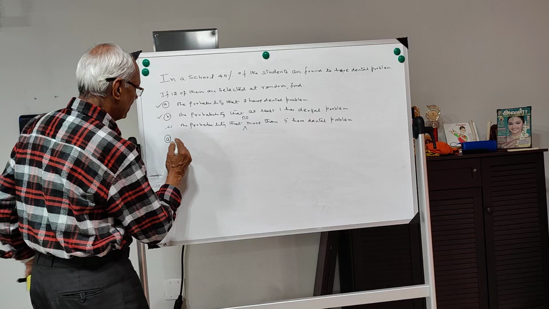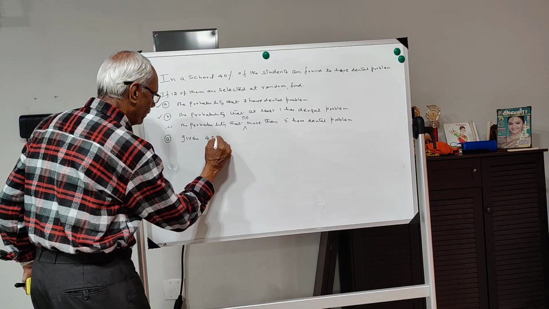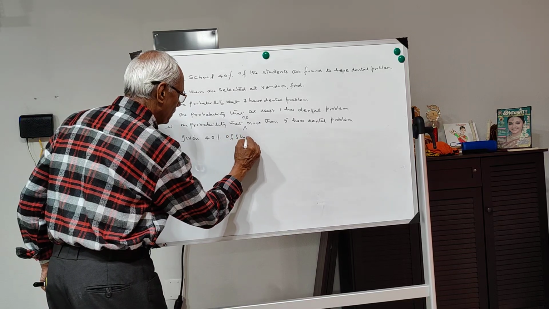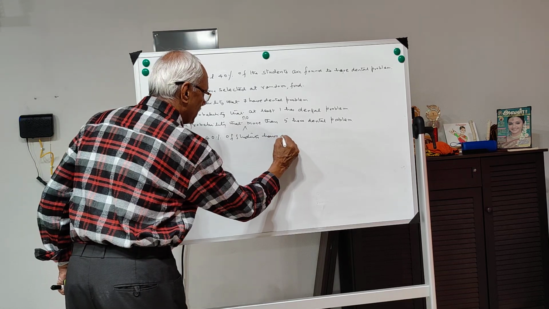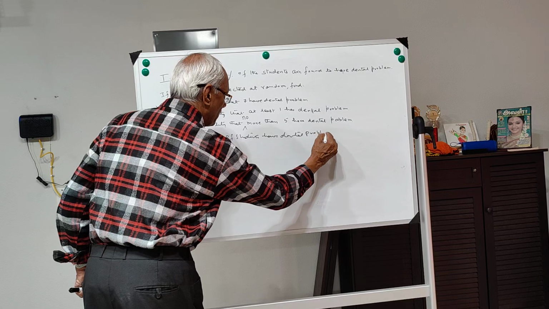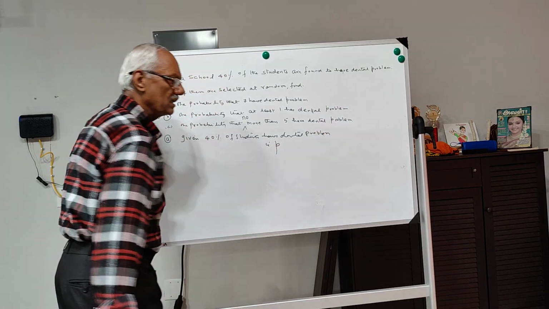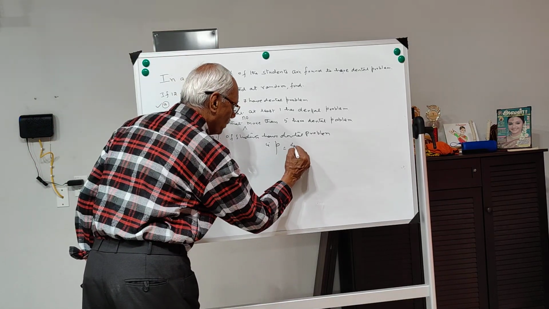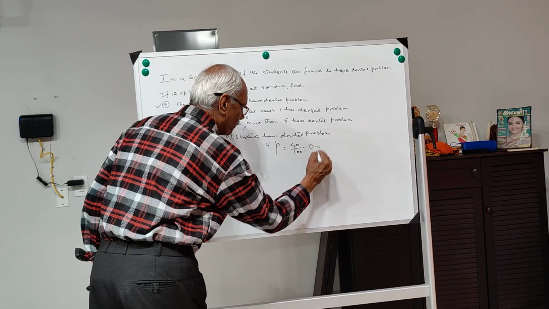Given: 40% of students have dental problem. That means, if P is the probability of students having dental problem, P is equal to 40 by 100, that is equal to 0.4.